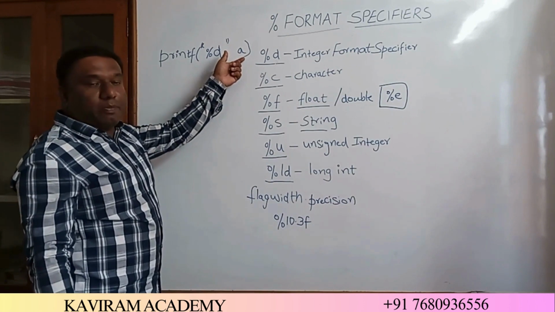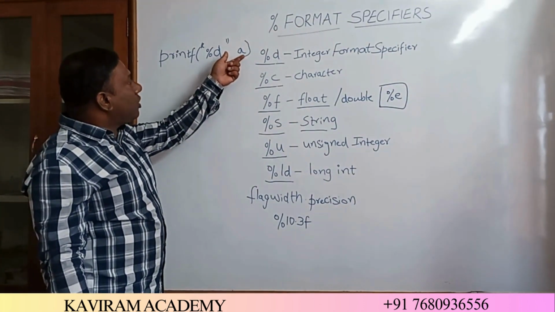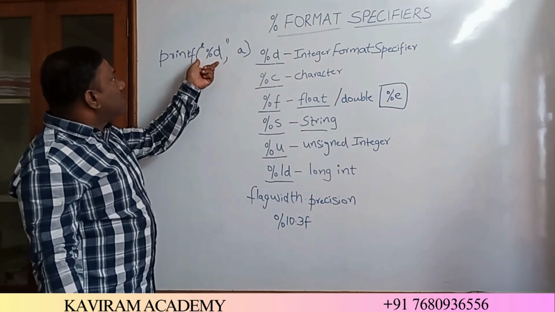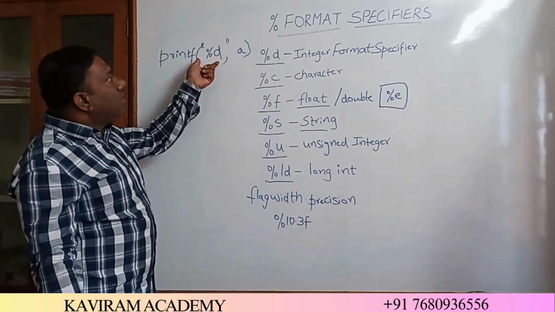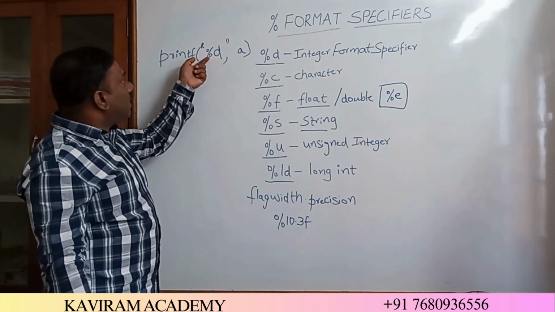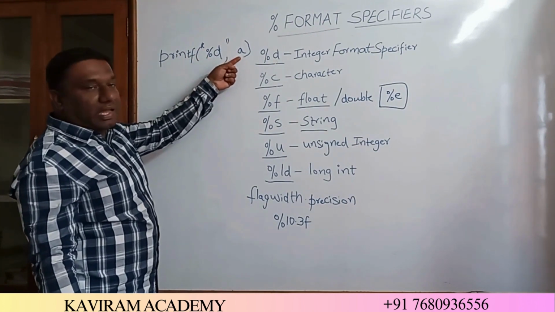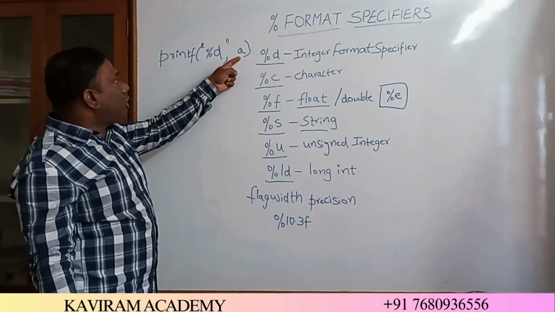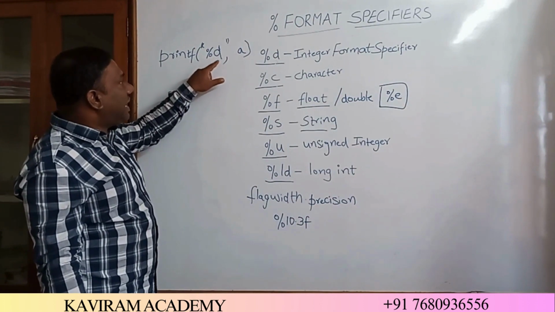So whenever I want to print any data or value that is present in a variable, I need to specify this format specifier in my printf. So I am representing it as %d comma a. So in variable a, I am having an integer value. So if I want to print it, I need to mention it as %d.